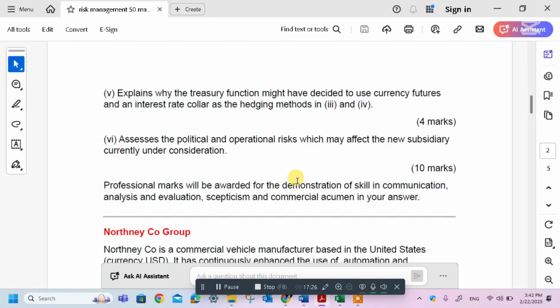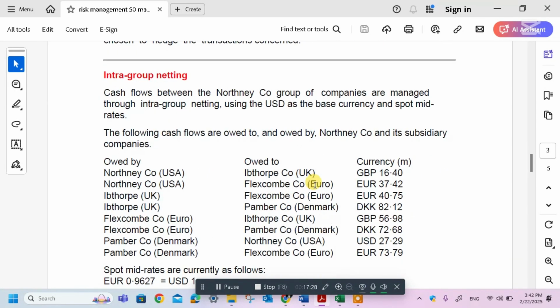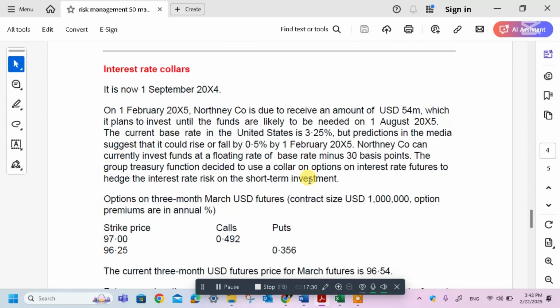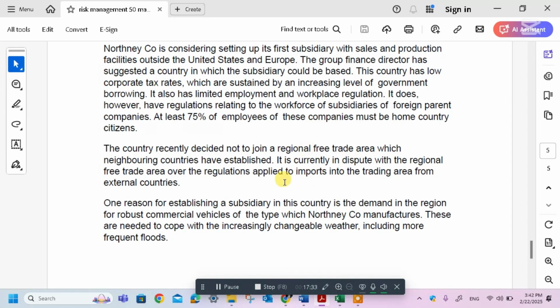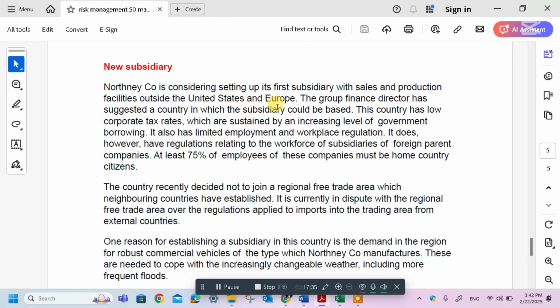Let's go back and read that point once again, just to recall. New subsidiary. Considering setting up its first subsidiary with sales and production facilities outside US and Europe, the group finance director has suggested a country which could be based. The country has low corporate taxes which are sustained by an increasing level of government borrowing. It also has limited employment and workplace regulation.